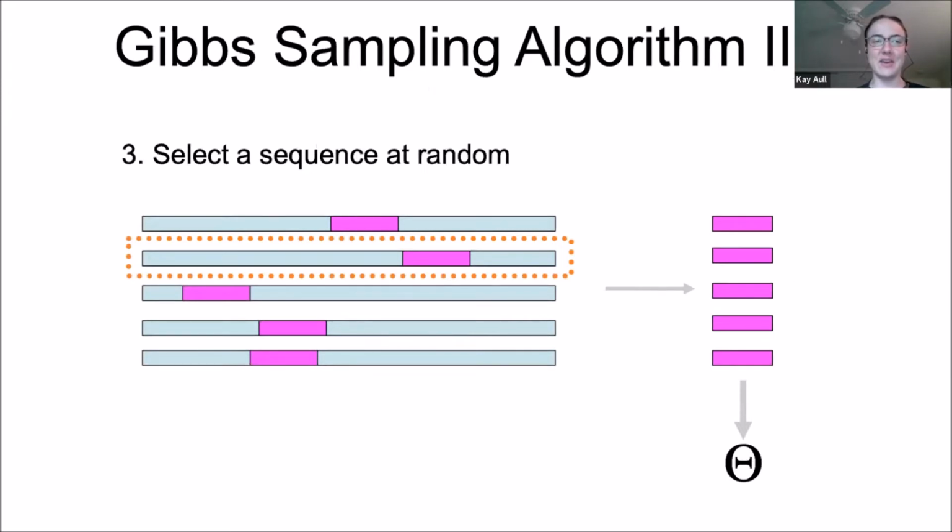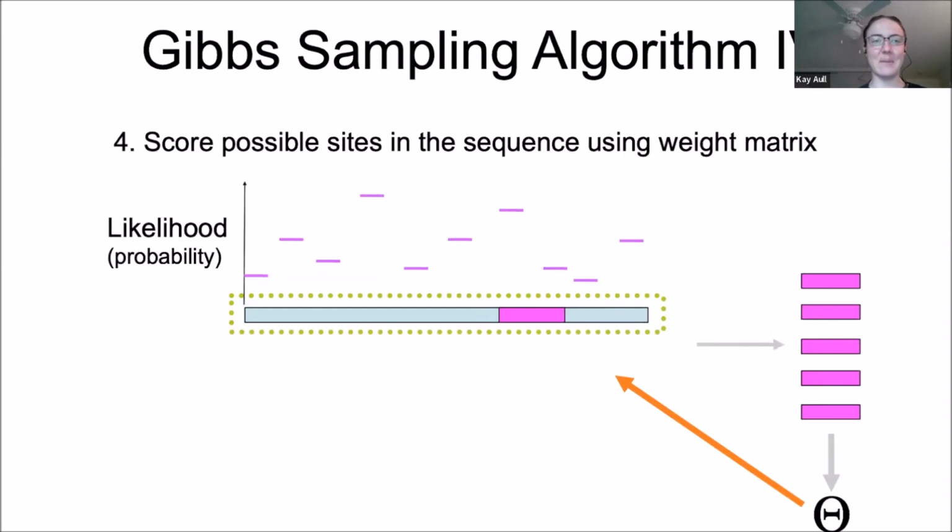And then you take your sequence at random, and then you score the possible sites in the sequence using your candidate weight matrix, which you are hoping is slightly better than nothing. And you're looking for, okay, if this weight matrix is slightly better than nothing because I've enriched for my motif, what part of this target sequence is really my motif?